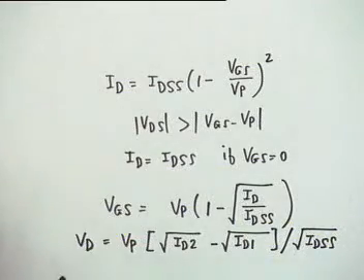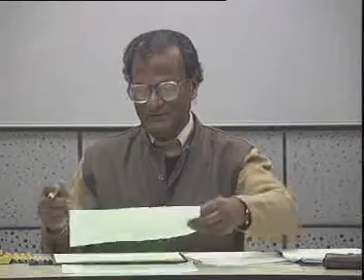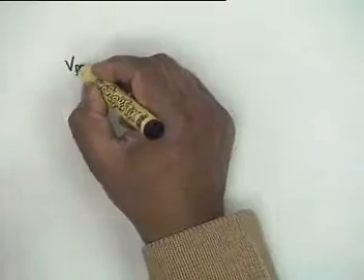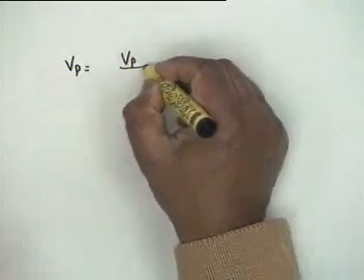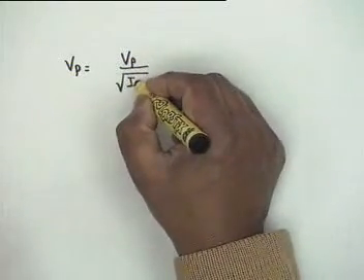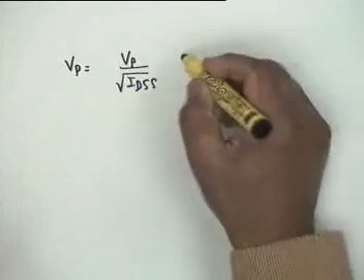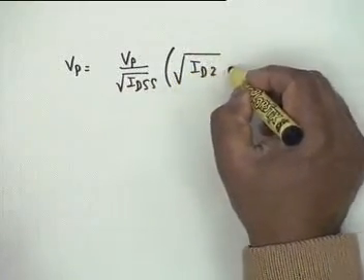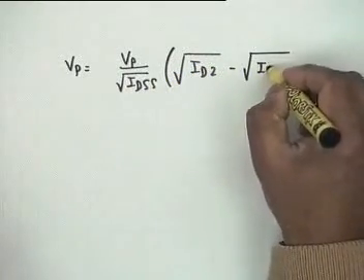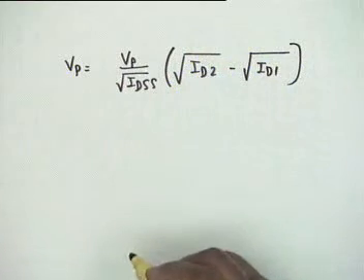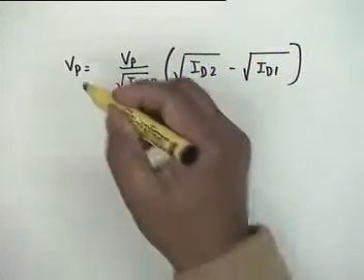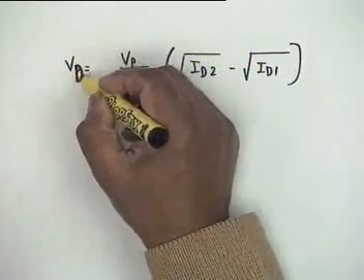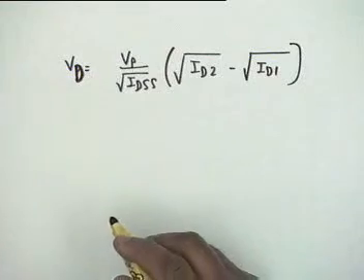Is this relation okay? Let me repeat this. VD equals VP multiplied by square root of ID2 minus square root of ID1, all divided by square root of IDSS. This is an expression for the input differential voltage.